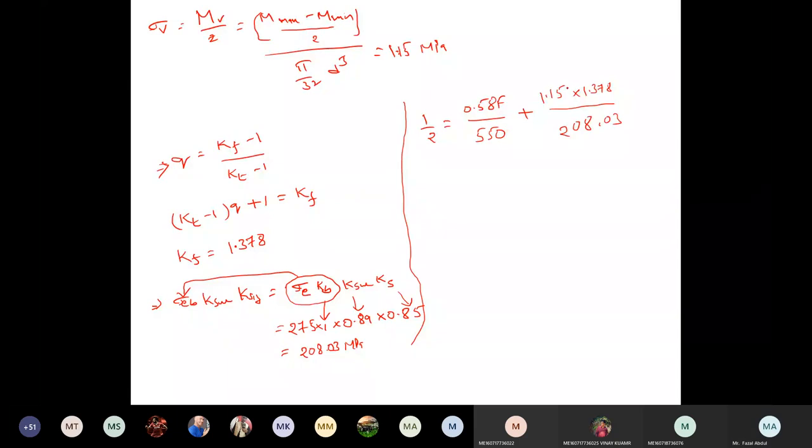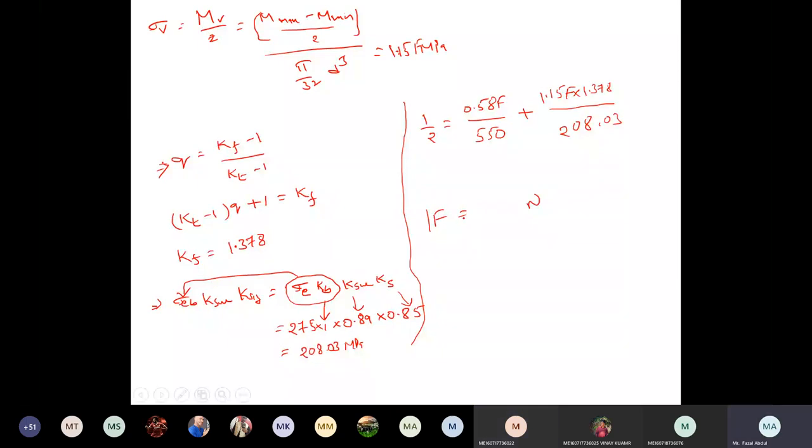Okay. Now simplify this equation. Tell me the F value in Newton. Answer should become 57.27. Very good.